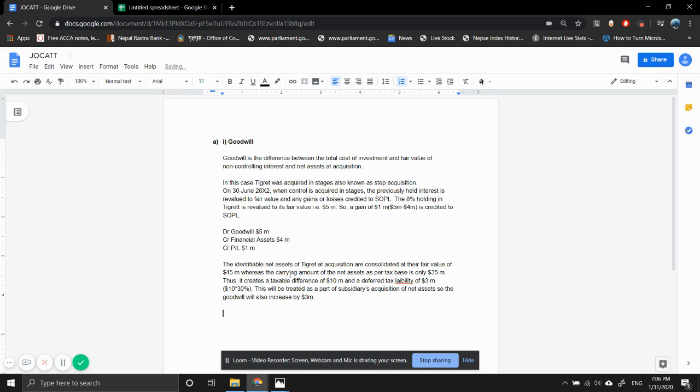Okay, so the entry being debit goodwill, obviously if that's increasing, then credit deferred tax liability, right.